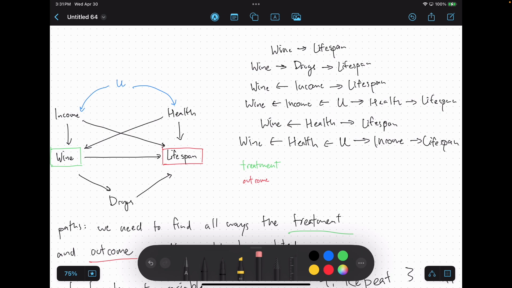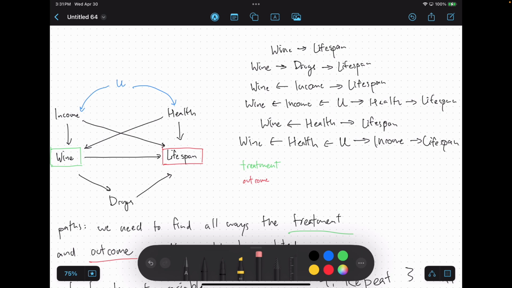We could say that this is a plausible explanation, and I would contend that any one of these represents a plausible explanation for these two things moving in a correlated way.